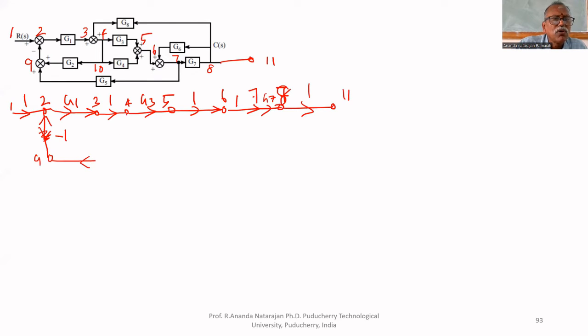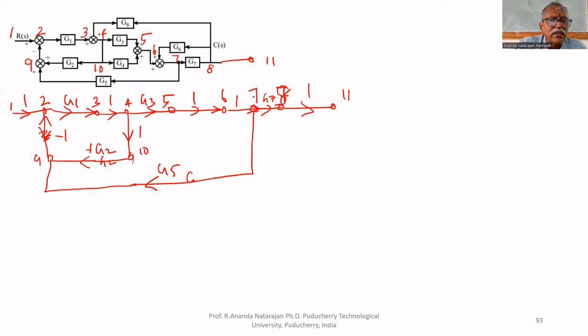Here below 4, 10 is below 4. 10 unity, G2. Then 7 to 9 is G5. 8 to 7 is G6.